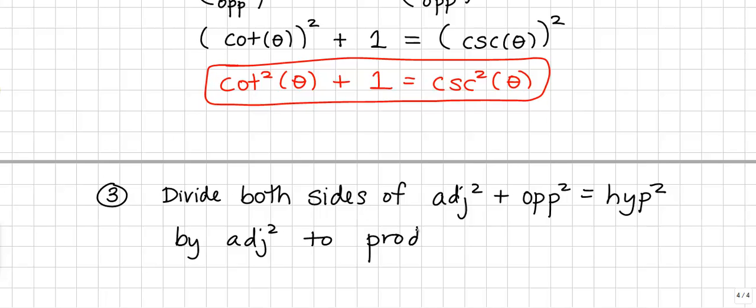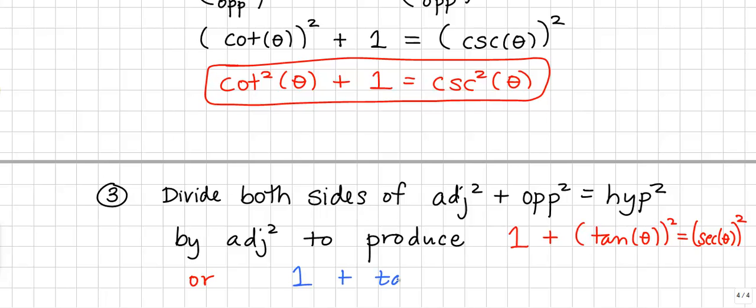And what you're going to produce, and I want you to work through it on your own, is 1 plus the square of the tangent of theta equals the square of secant of theta, following similar steps as we had above, which can be written as 1 plus tan squared of theta equals secant squared of theta. Okay?